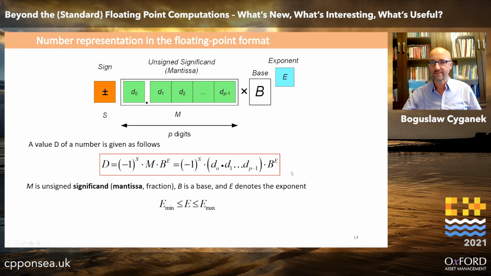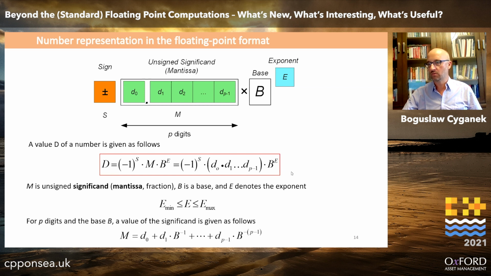But we have some peculiarities, I would say. For example, the exponent is just from E minimum to E maximum. It is biased also. Mantissa is computed like this with this special D0 bit here.